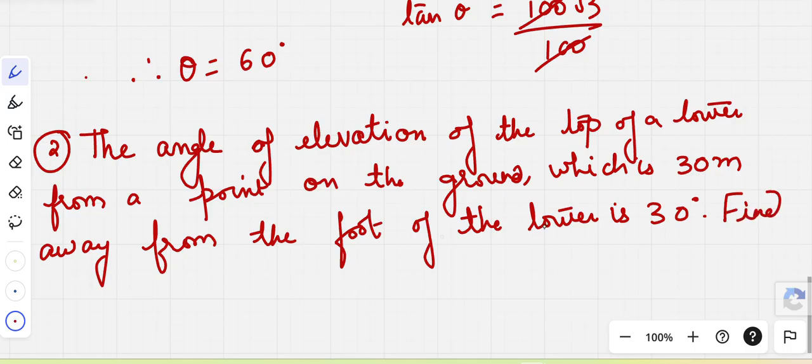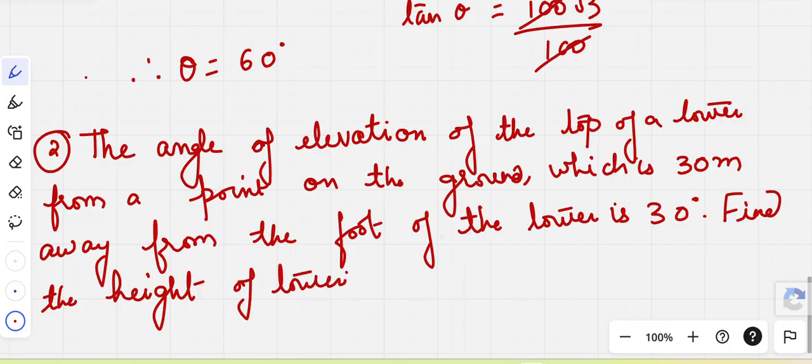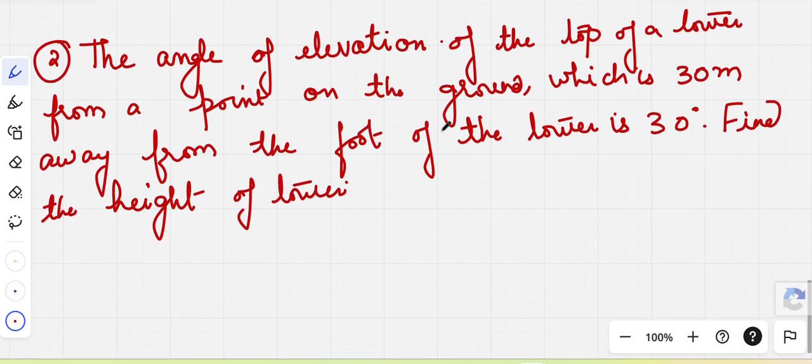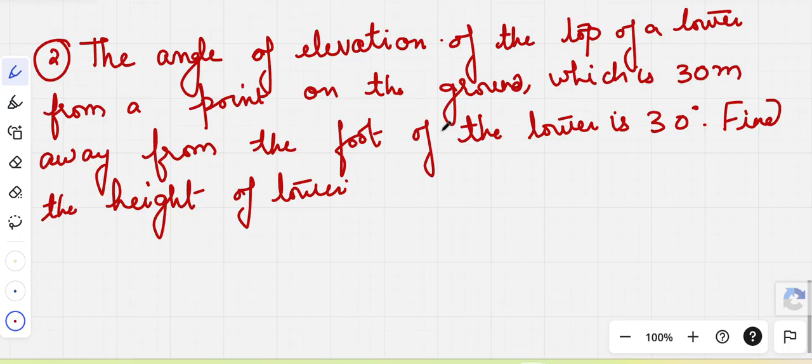Find the height of the tower. Try to draw the diagram. This is an NCERT question as well as a CBSE question which has come in your boards. The questions from the textbook that we are completing, you don't have to repeat them.